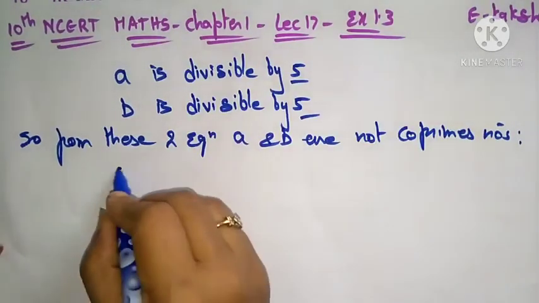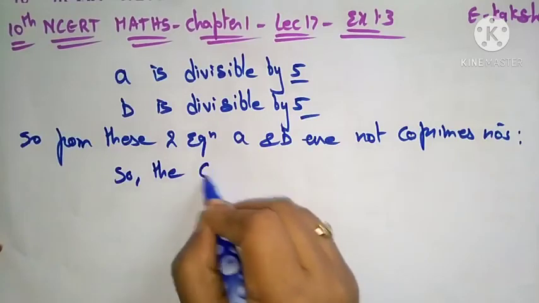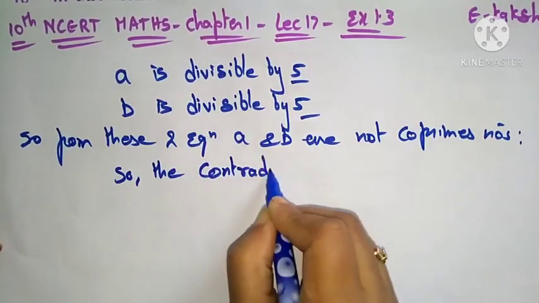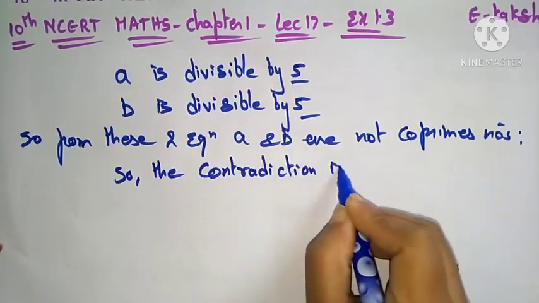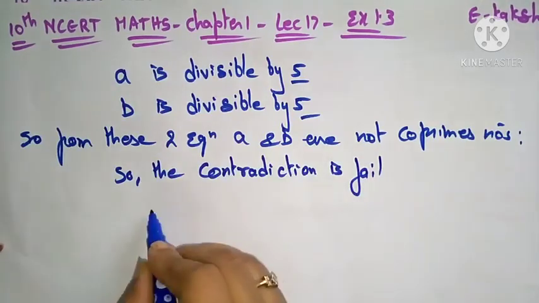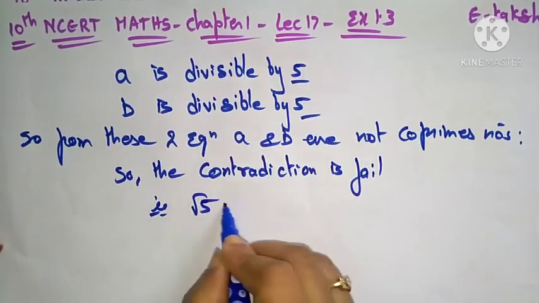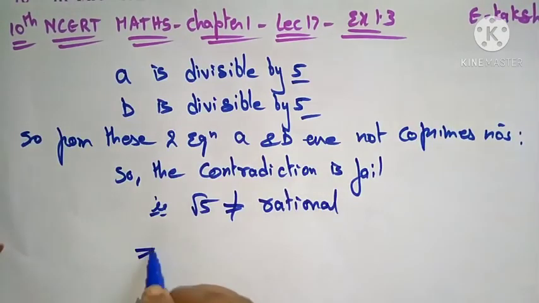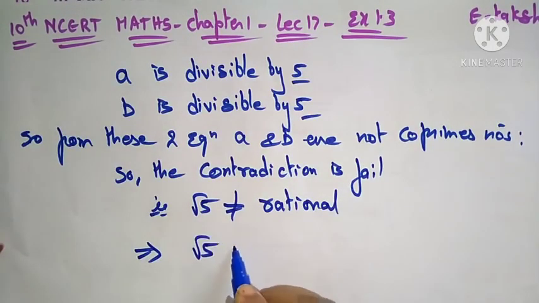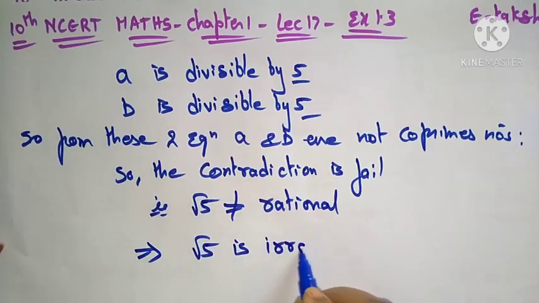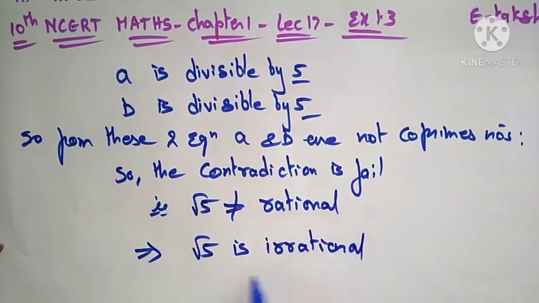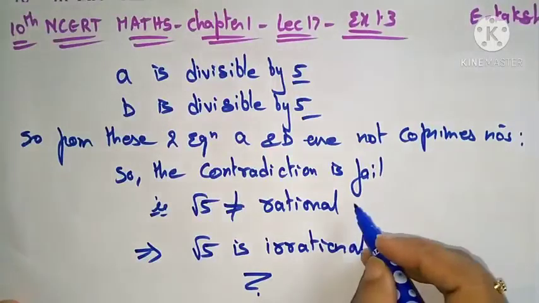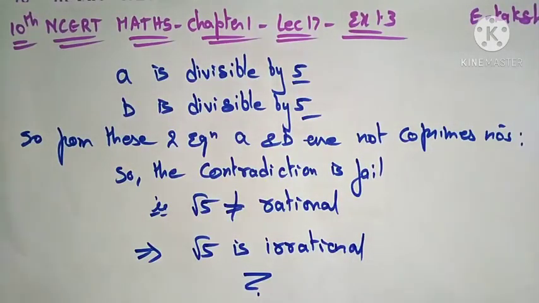So the contradiction arises. That is, root 5 is not a rational number. So finally we proved that, by taking the contradiction, root 5 as rational, and solving the problem, finally we have proved it.